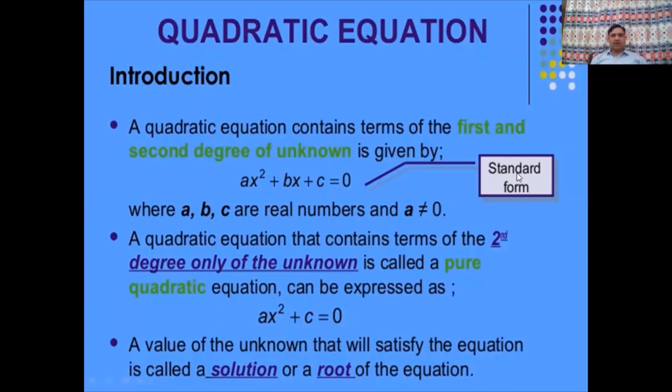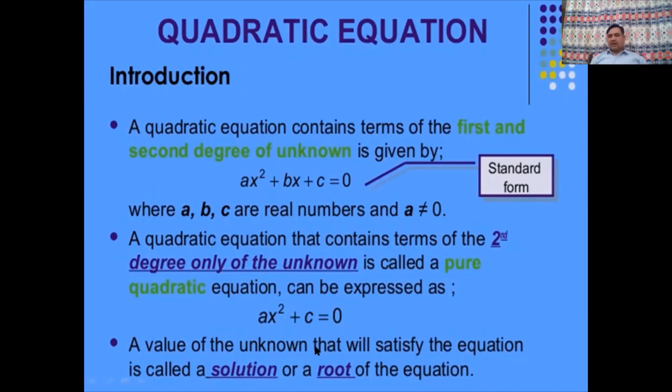Here a must not be equal to 0. A quadratic equation that contains the term of second degree only of the unknown is called a pure quadratic equation. It means when b is equal to 0, we are left with ax square plus c is equal to 0. So this form is known as a pure quadratic equation.